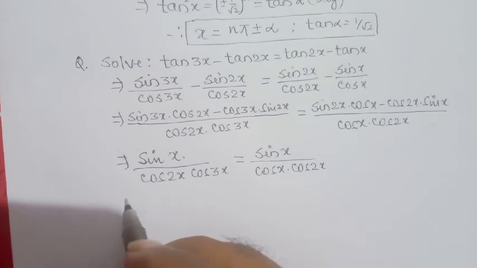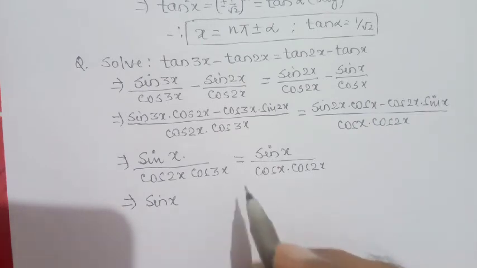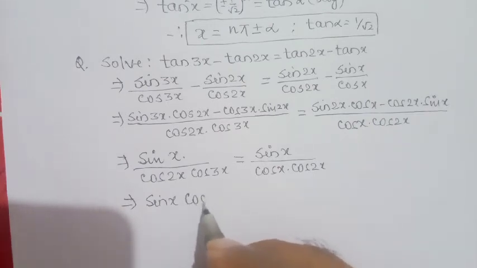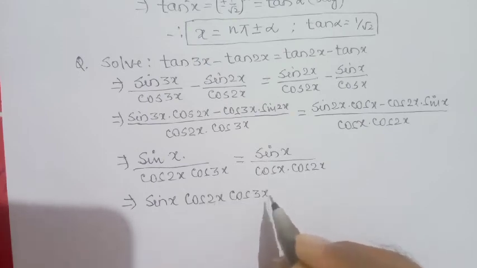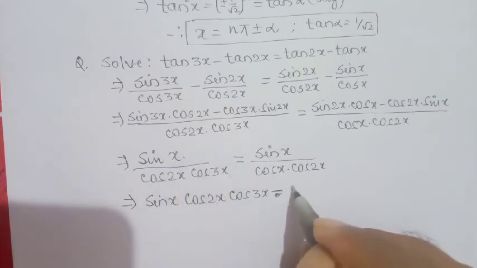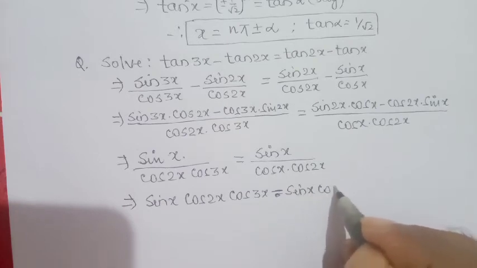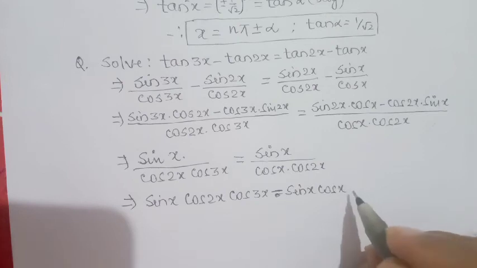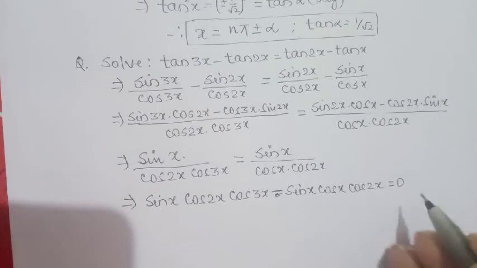So it should be written as sine x into cos 2x into cos 3x minus sine x into cos x into cos 2x equals 0. Take out the common term.